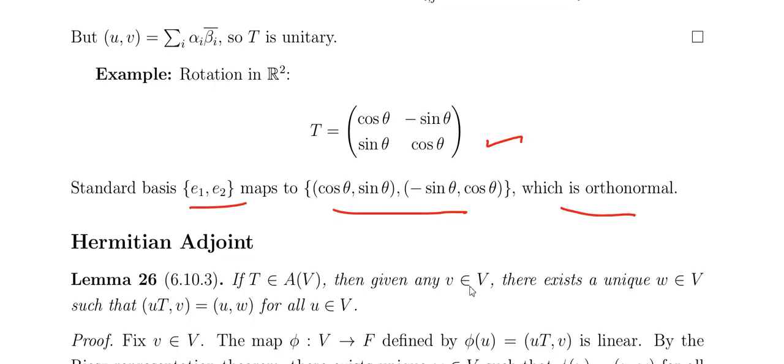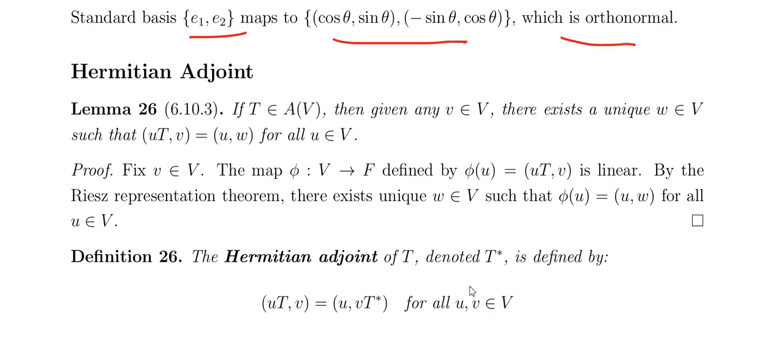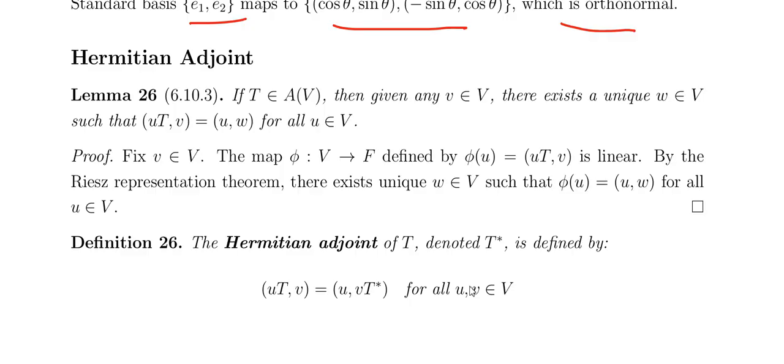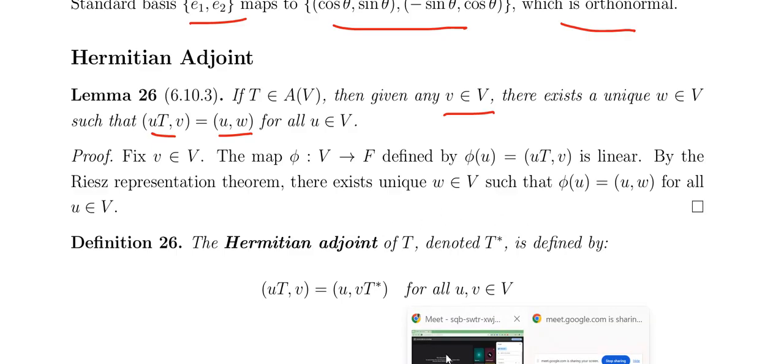The Hermitian adjoint: T belongs to A of V, the transformation, and for any v belongs to V there exists a unique w belongs to V such that (uT, v) equals (u, w) for all v, u belongs to V. That w is the Hermitian adjoint of T, denoted T star.